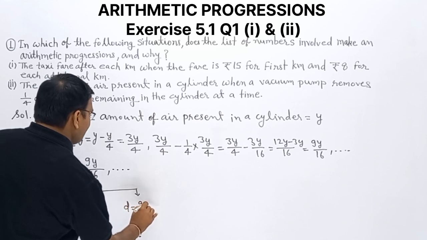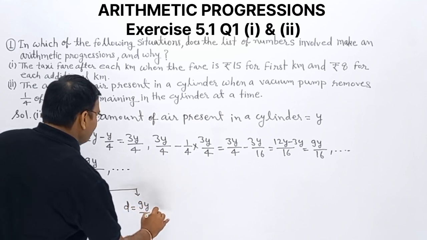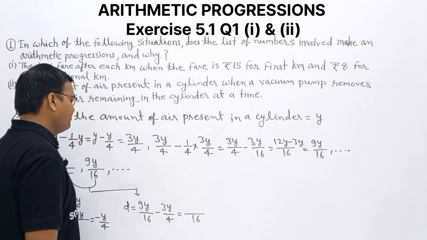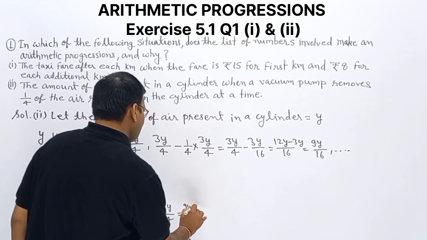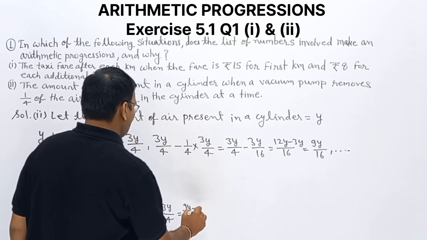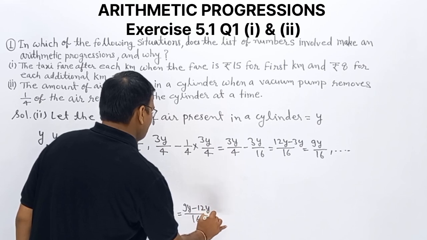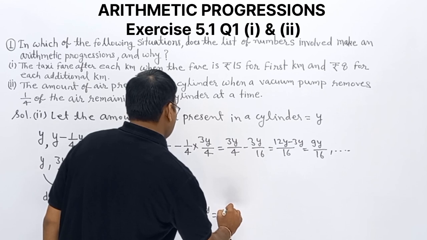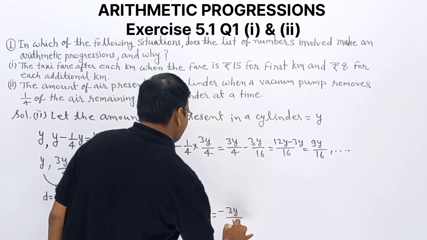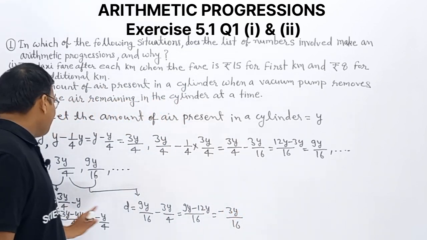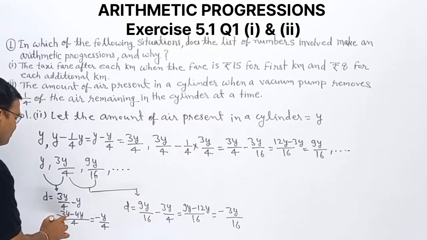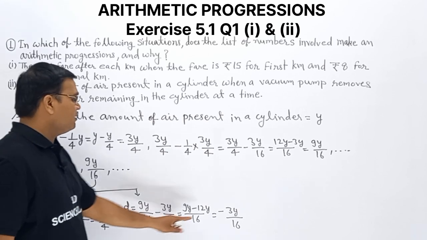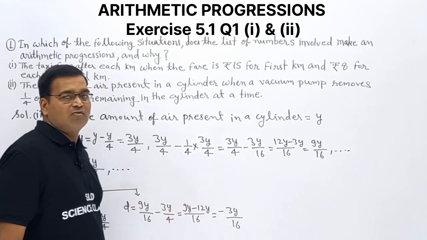D equal to 9Y upon 16 minus 3Y by 4. LCM is 16. 9Y minus, 4 4s are 16, 4 3s are 12, 12Y. What are we getting? Minus 3Y by 16. We are not getting the same value. There is minus Y by 4, and here we are getting minus 3Y by 16.